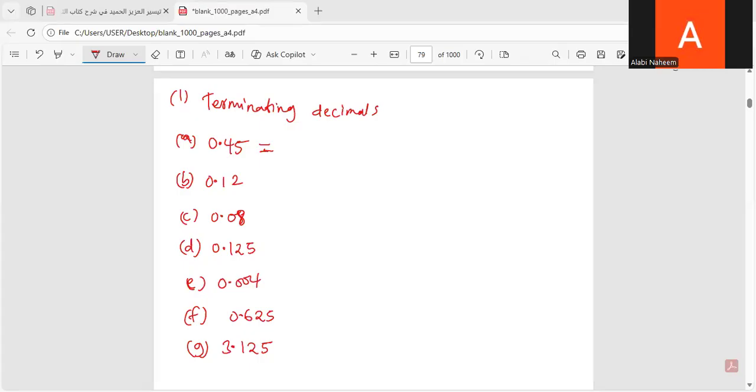For example, it is very easy to convert 0.45 to a whole number. If you can remember, what we simply do is we check how many digits the number has after the decimal point. In this case, 0.45 has two digits after the decimal point.